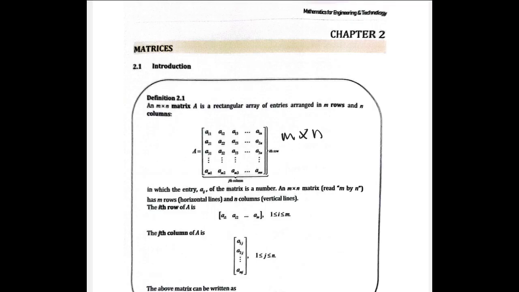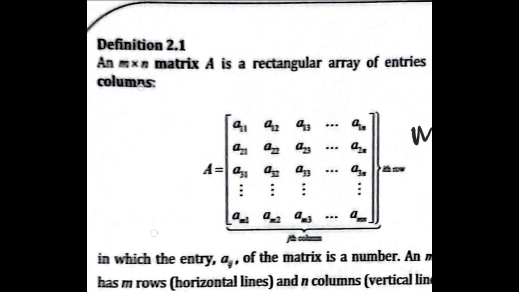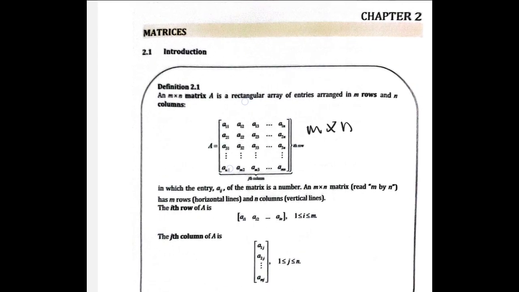The row of a matrix is represented by the first figure in the element, and the number for the column will be at the second place in the element. So by looking at those figures, you can figure out the number of columns and rows for that particular matrix.